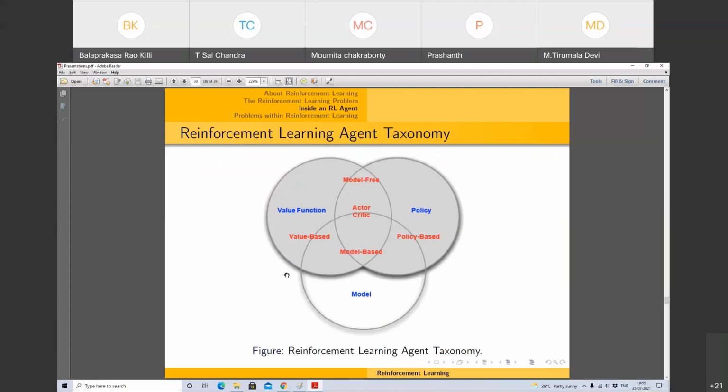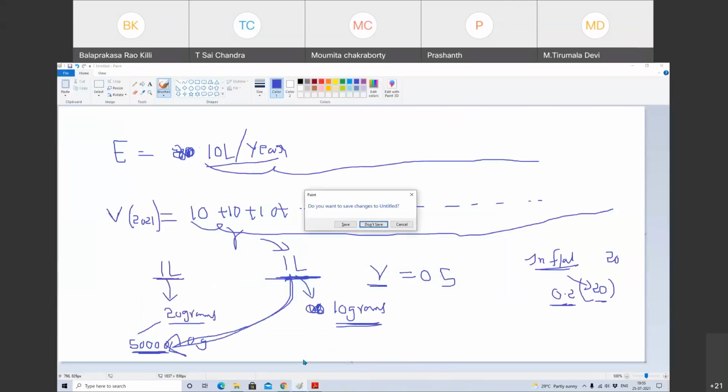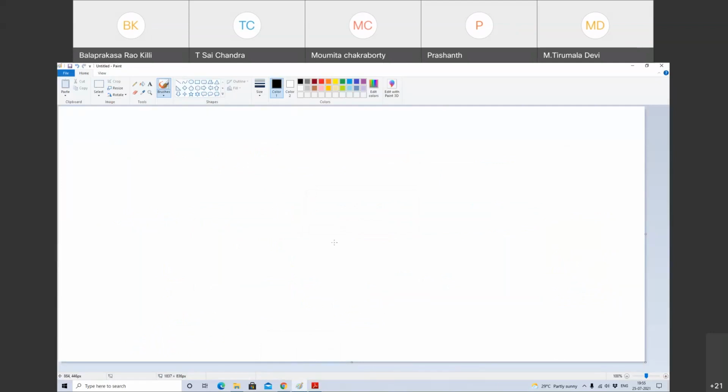Now, what is the model-free approach and the model-based approach? Let us say you have visited a new city. Let us say I have never visited Hyderabad and I visited Hyderabad, Secunderabad. Now you don't know anything about Secunderabad, but you have a Google map with you.